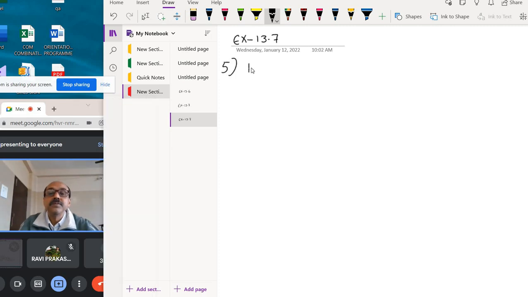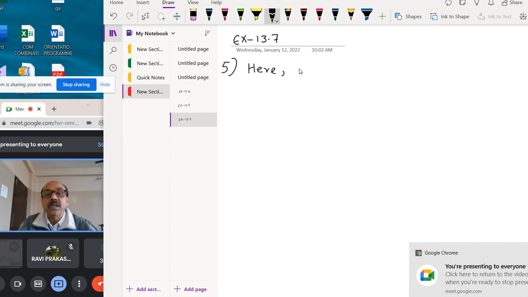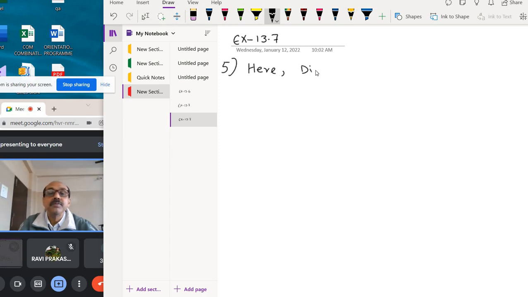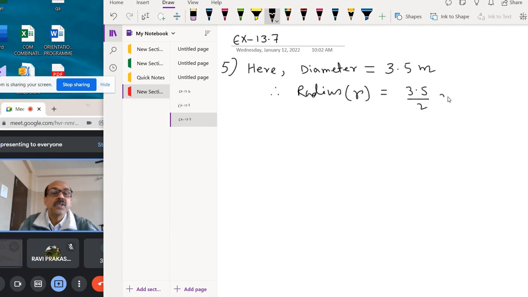Here, diameter equal to 3.5 meters, and therefore radius r equal to 3.5 by 2 meters.